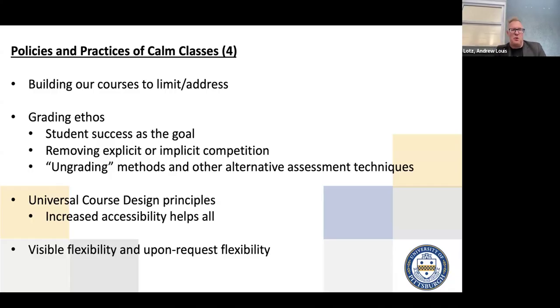Finding ways to remove explicit or implicit competition among students can be really helpful. Anything that makes them feel like they're competing against each other, or your classic washout class feeling, right? Walking in and saying, well, a third of you aren't going to pass this class.